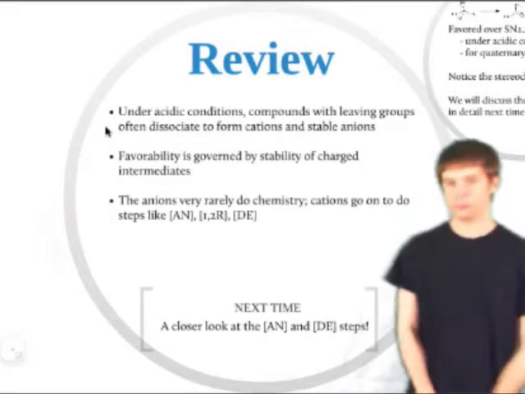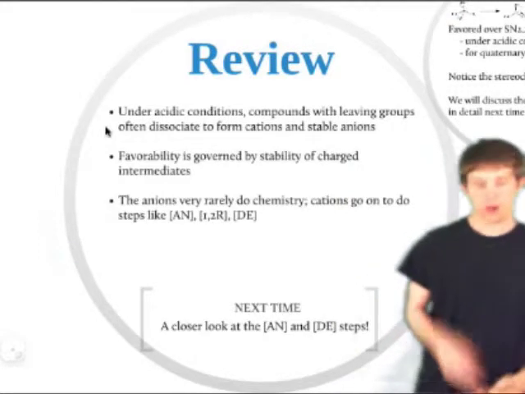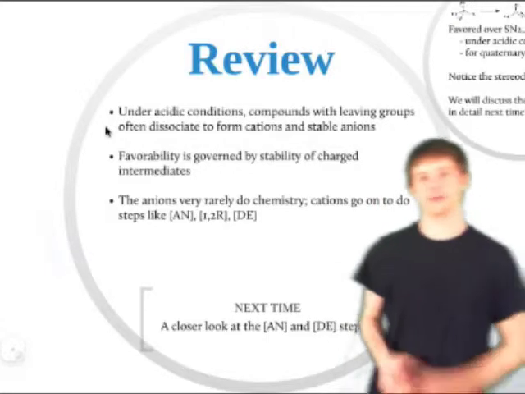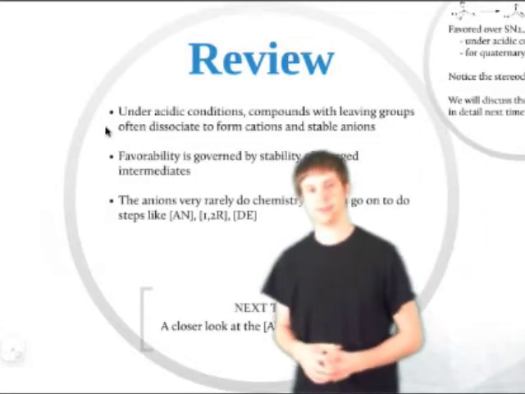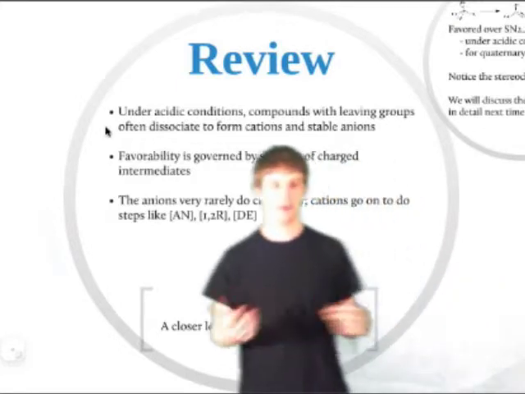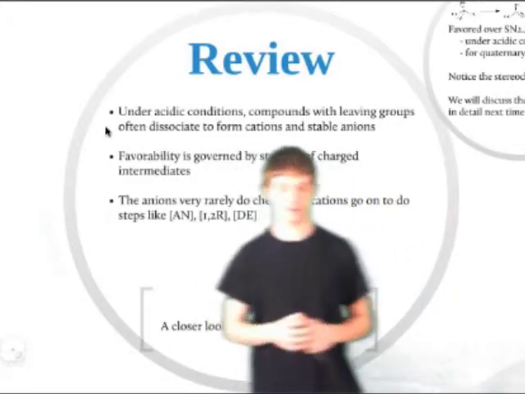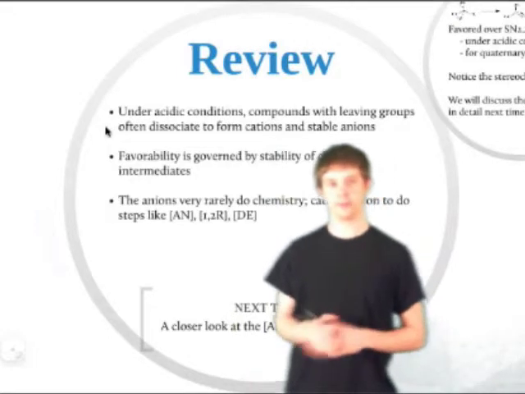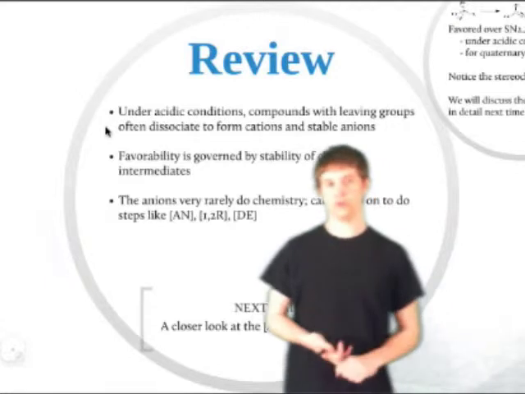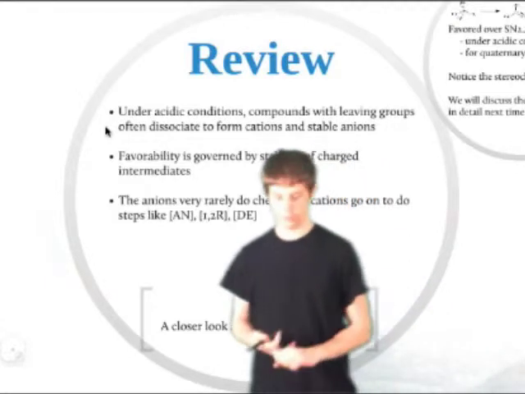So just to review really quick a lot of what we talked about, under acidic conditions, compounds with leaving groups will dissociate to form cations and stable anions. We saw that the anions typically don't undergo chemistry. It's the cations that tend to be more reactive under these conditions. And they can undergo steps like DE, AN, 1,2-R, and others that we'll get to later on.